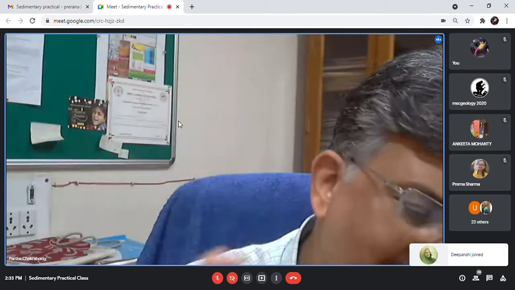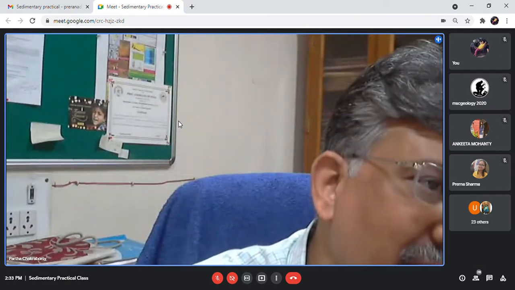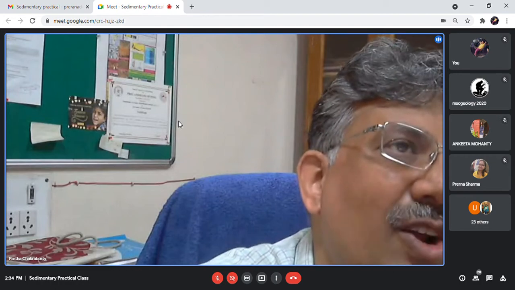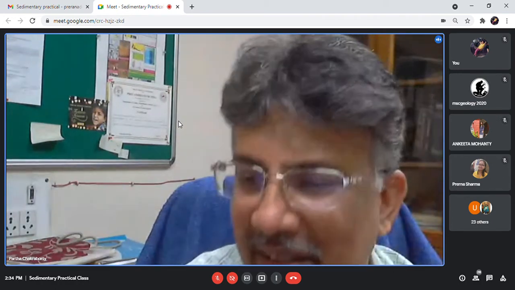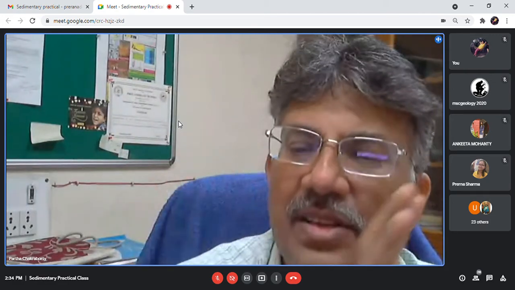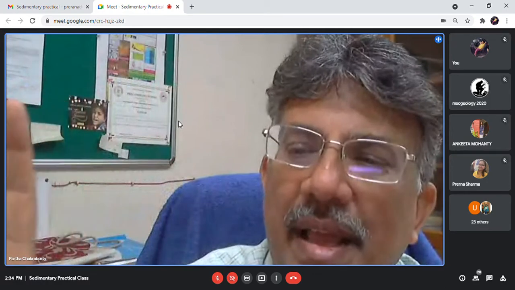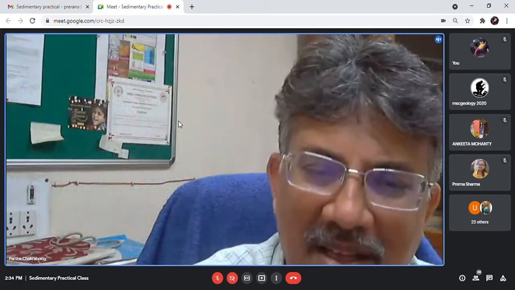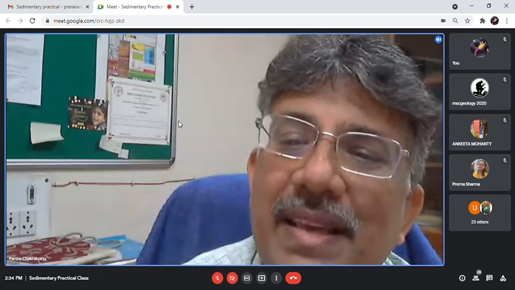Now, as we discussed earlier, should a sand be essentially a silica or quartz grain? No. Anything which is in this size is a sand. Suppose I get a feldspar, that is also a silicate; even a carbonate can supply a sand size grain.